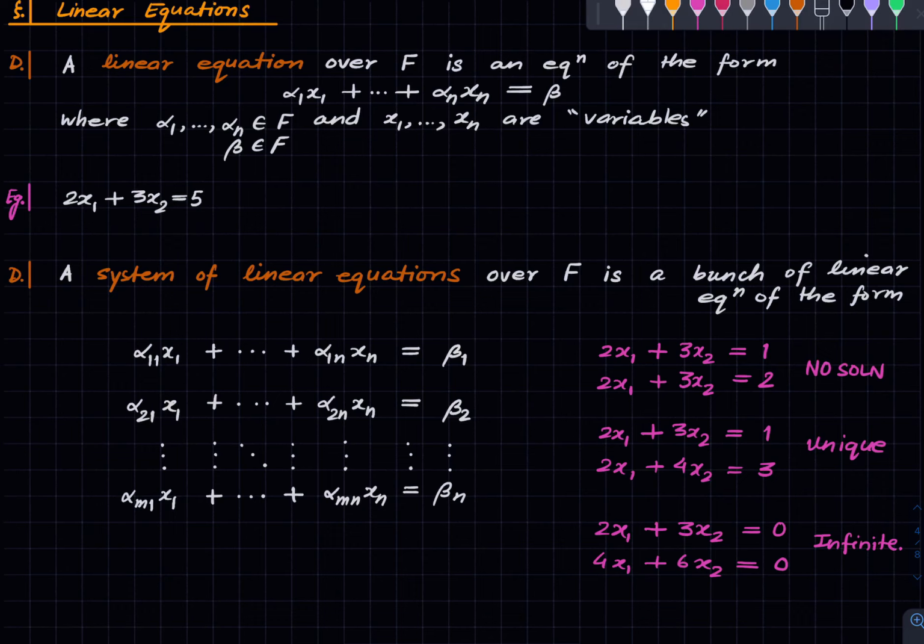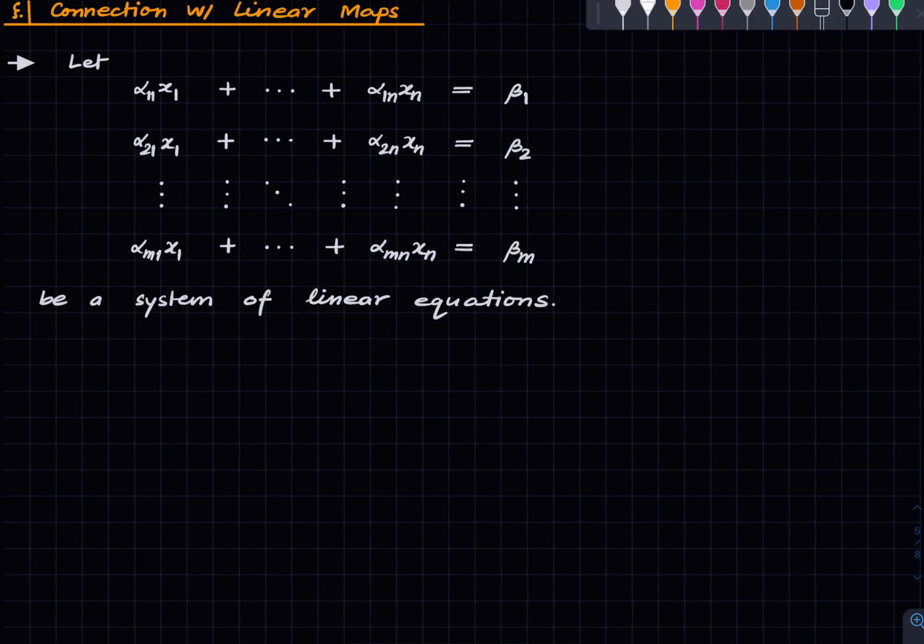All right. So what is the connection? So first of all, we have some given system of linear equations. Note that this can be expressed very nicely in the matrix language as follows. We have this matrix. This is an M cross N matrix, I think.